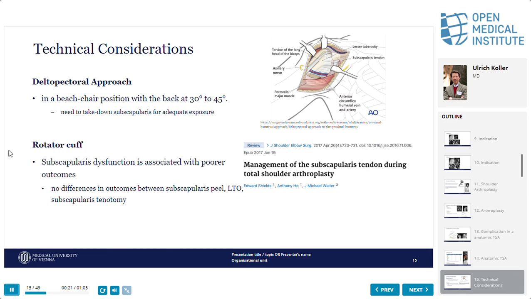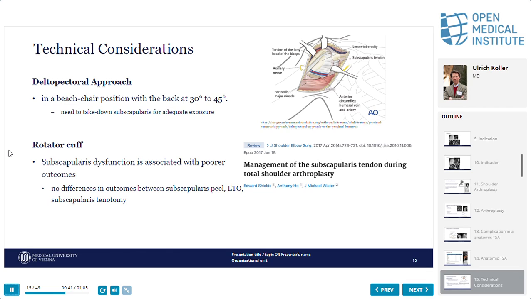We do an osteotomy of the subscapularis, and we refix it at the end of the surgery with some cerclage to the bone again. And for me, it is easier to do that because you can also close the rotator interval.